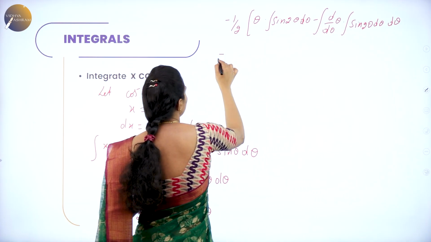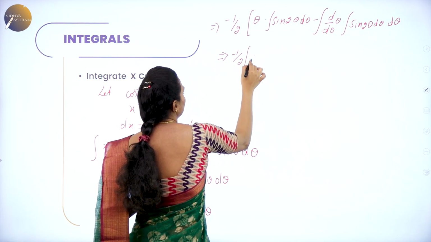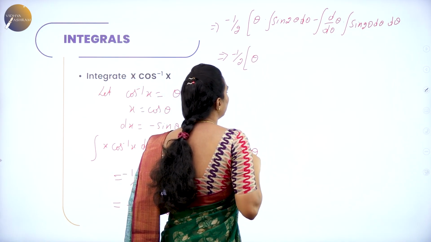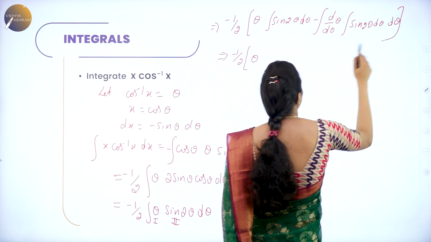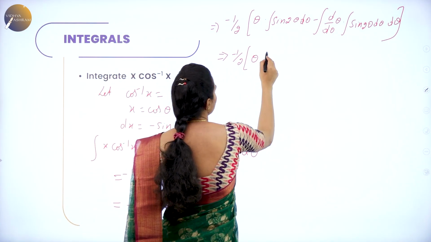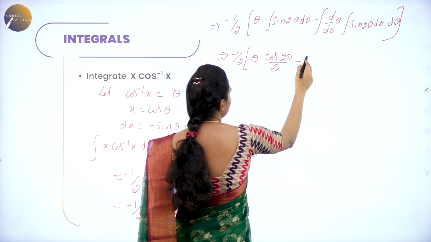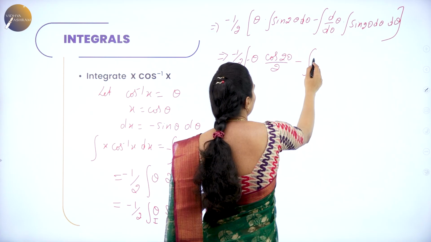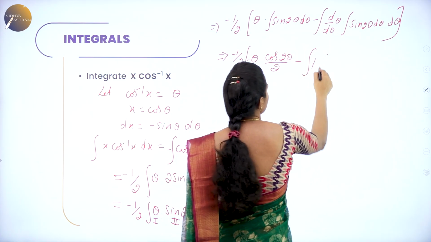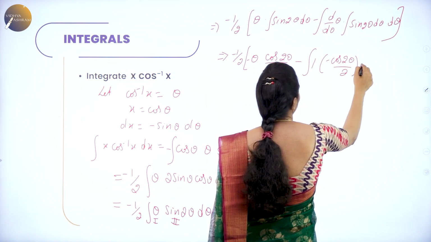Now again further simplification, which will be giving you minus 1 by 2 into first function into integral of second function. Integral of sin 2 theta is minus cos 2 theta divided by 2, minus integral of d by d theta of theta, which is 1, into minus cos 2 theta divided by 2 into d theta.